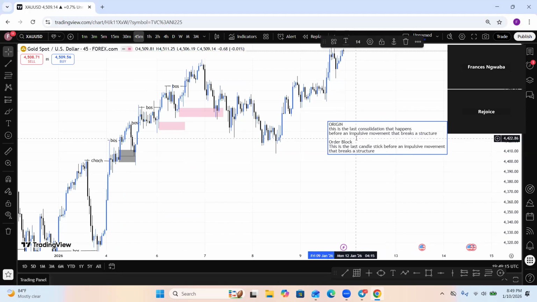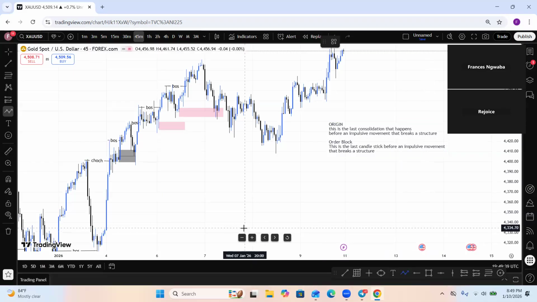Yes. So today we are looking at origin and order block. Now, in our last class, I highlighted it a bit. So origin, this is the last consolidation that happens before an impulsive movement that breaks a structure.